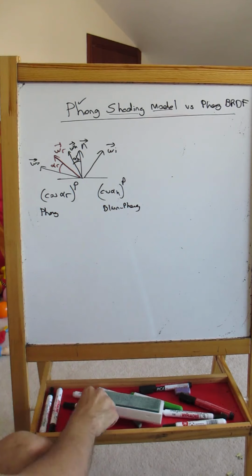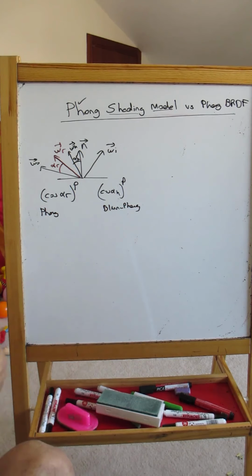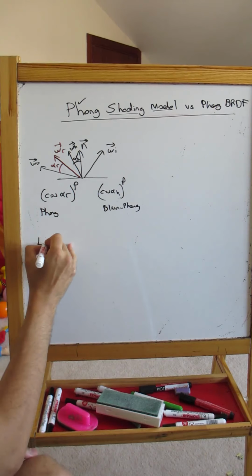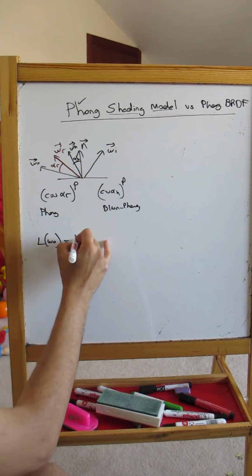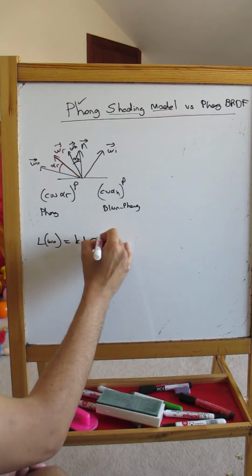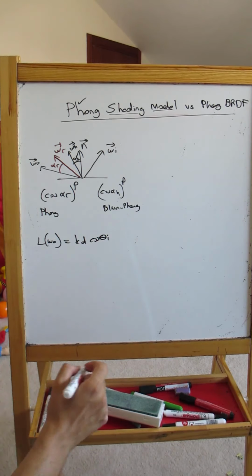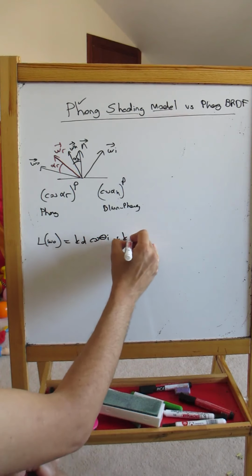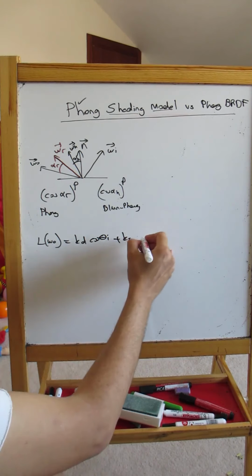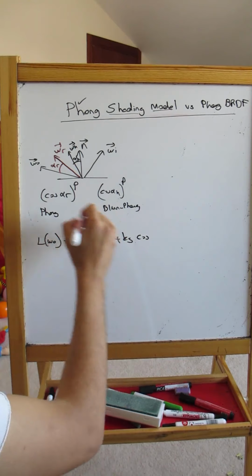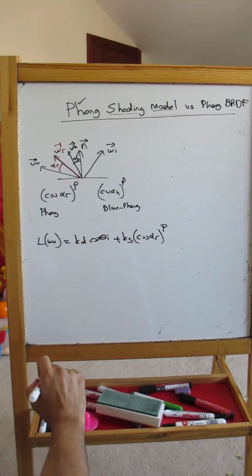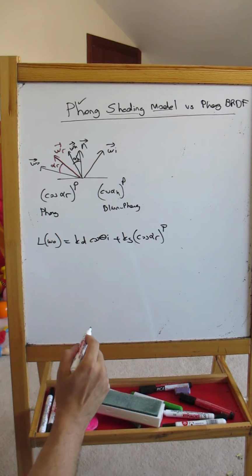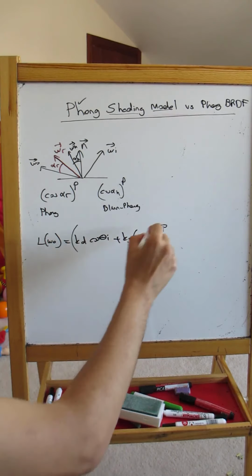Now how do we use these things in our ray tracer? For the basic Phong model we have been doing the following. The outgoing radiance is equal to some kD times cos theta I, plus kS times cosine alpha R to the power of p.